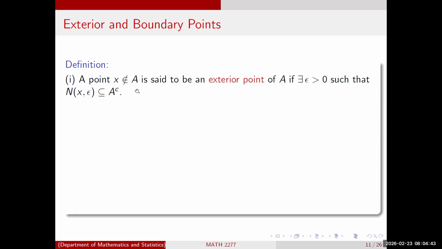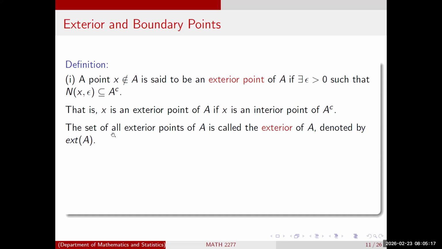So if you want the definition for an exterior point, just apply the definition of an interior point, but you are applying it to the set A complement. That is, X is an exterior point of A if X is an interior point of A complement. It's the same definition, but you do not apply it to the set A, you apply it to the set A complement.